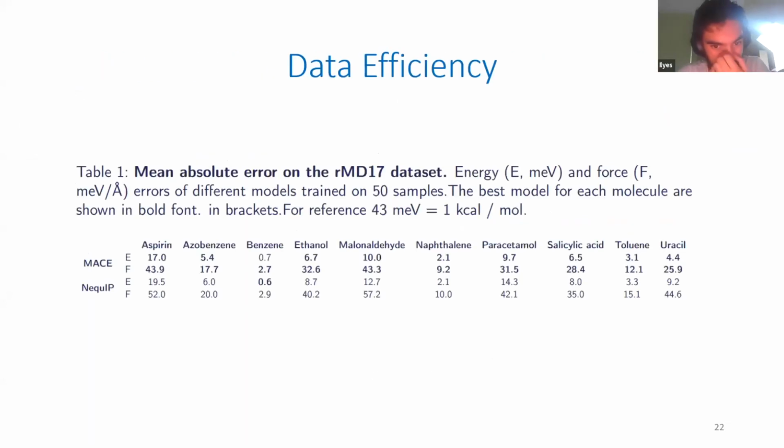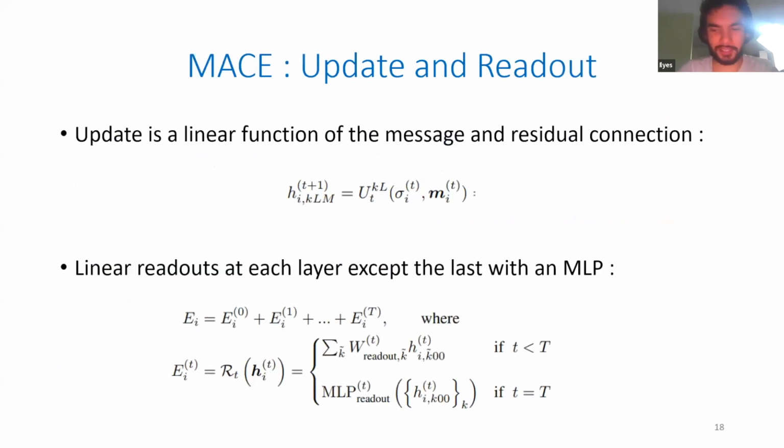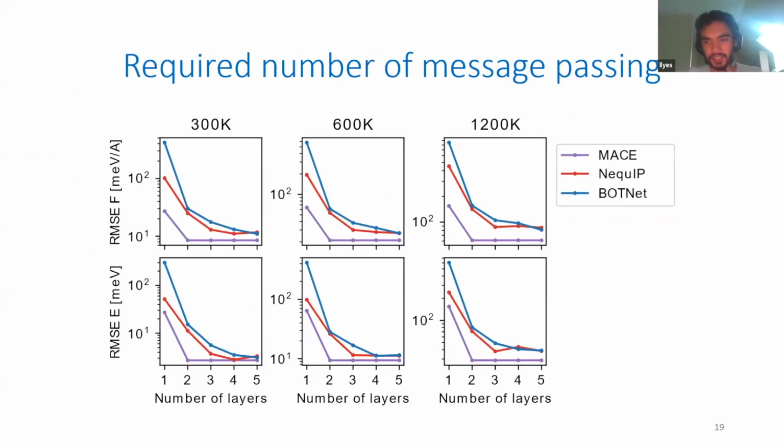Okay. So let me just show some results, because David has covered the math. So what about how it does? The first result is that we are claiming that MACE dissociates the expressivity of the network from the number of layers. The way we show that is we took this 3BPA dataset that David created, which consists of training at low temperature and then extrapolating to higher and higher temperature.